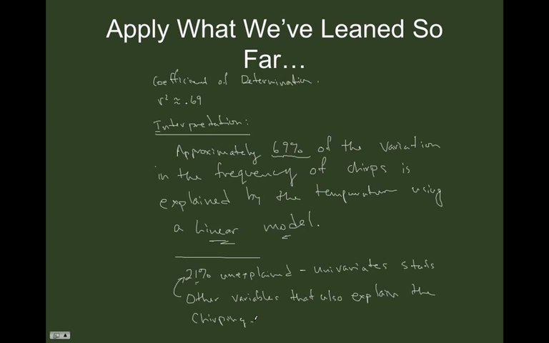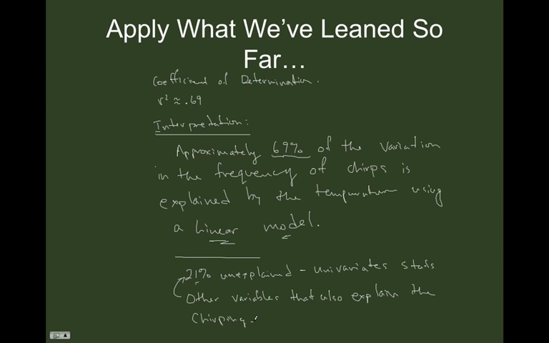And in fact, the fact that r squared is 69% tells me that temperature is probably the most important variable. But that's not to say there aren't other variables that influence the frequency of chirping for crickets. So this is not the only story.